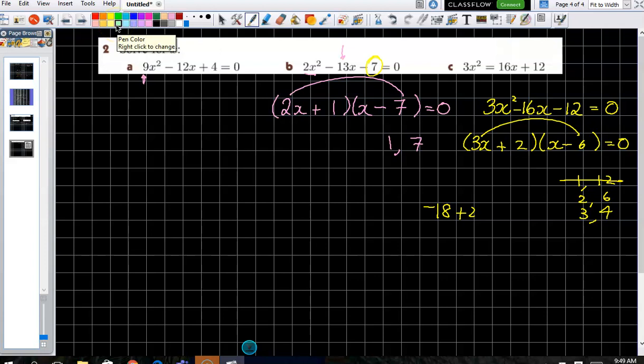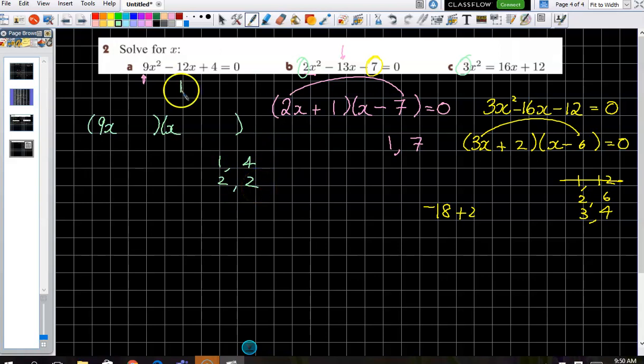This one, a little bit irritating, because unlike these where this was prime and this was prime, this is now not prime. Is there a common factor? Damn it, no. So the only way to get 9x squared is again to go 9x times x. What are your factors of 4? 1 and 4, 2 and 2.